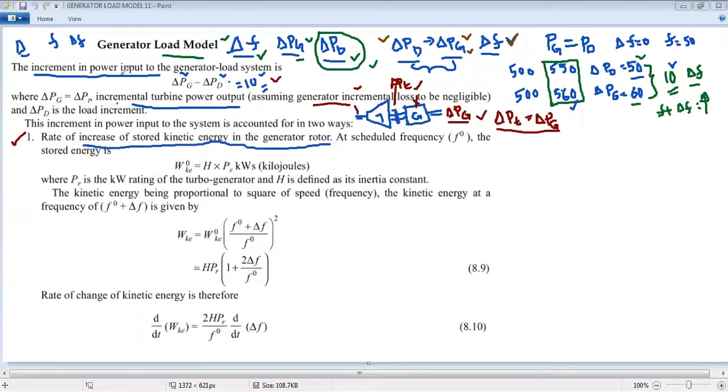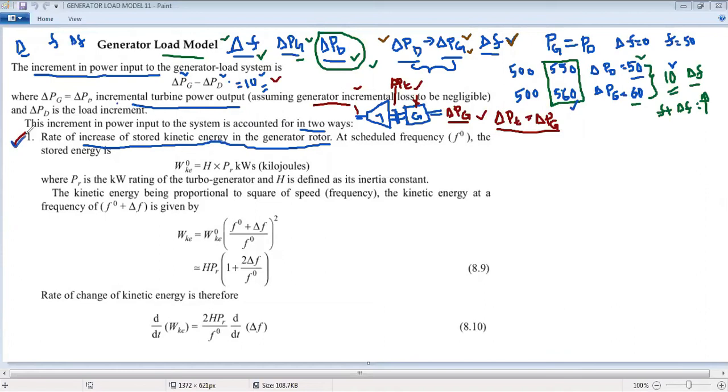So the increment in the power input to the system is accounted for in two ways, or we can say that the surplus power, the power generated more than our requirement, can be converted into another form in the system, or absorbed, in two ways.